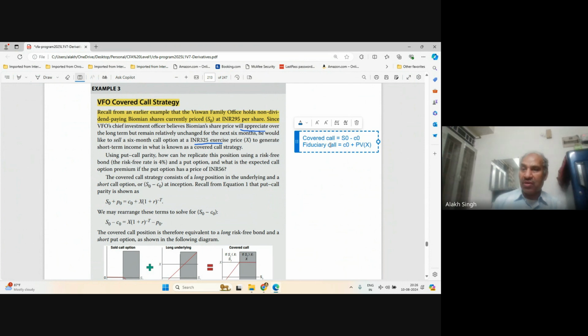So your call is fully covered. That is what this covered call is. There is a one-to-one relationship at maturity: if the stock price goes up by 1, then the call price also goes up by 1. So if the call price increases, your stock price is also increasing. That way this is called a covered call.